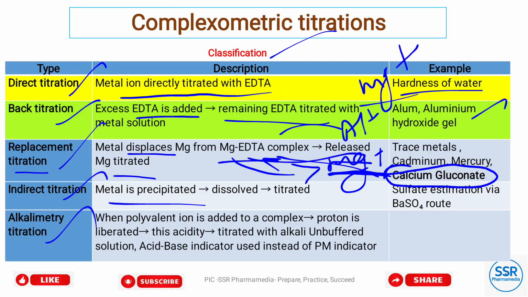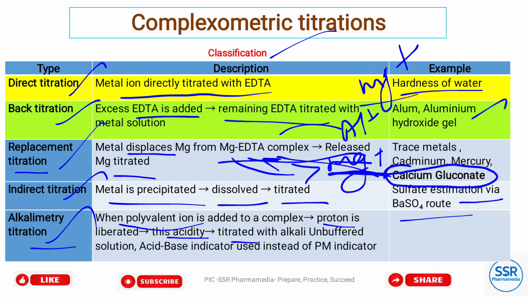In indirect titration, the metal is precipitated, dissolved and titrated, for example sulfate estimation via the barium sulfate route. In alkalimetric titration, when a polyvalent ion is added to a complex, a proton is liberated.